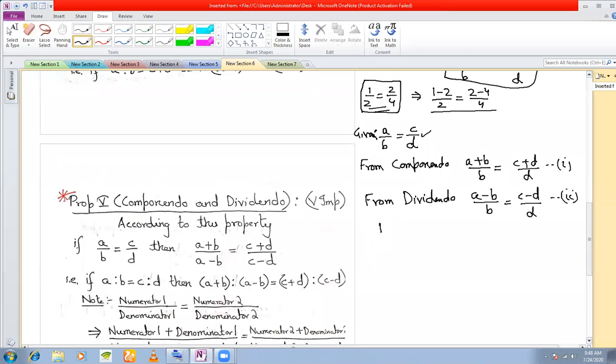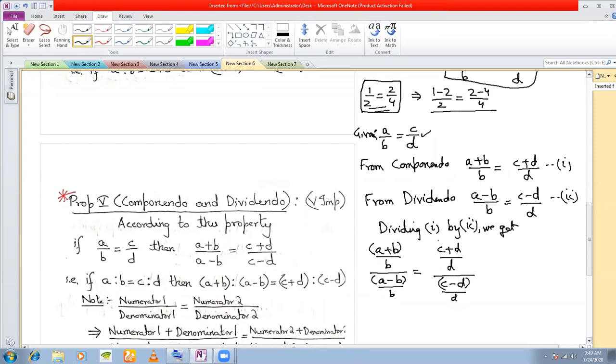So if I divide 1 by 2, we get (A plus B) by B divided by (A minus B) by B, put in brackets, is equal to (C plus D) by D divided by (C minus D) by D. Okay, so what happens?